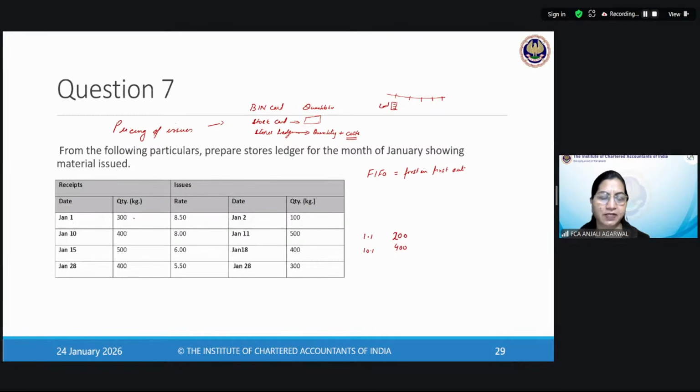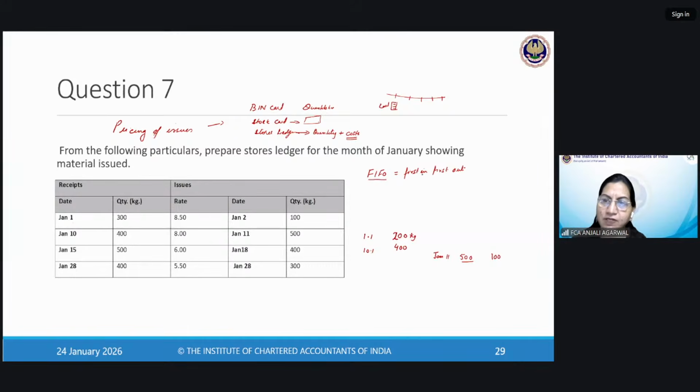You had 300 kgs, out of which 100 is issued. So you now have 200 kgs of raw material from 1st January and 400 kgs from 10th January. So now when you issue 500 units on 11th January, the total is 600 and you have 500 units to be issued. So you will have a balance of 100. Which units will go for pricing purposes as these 500 units?